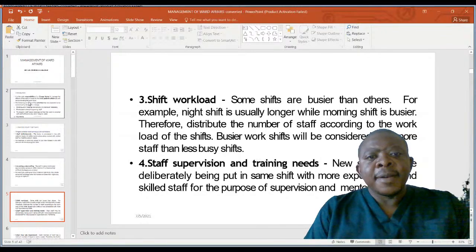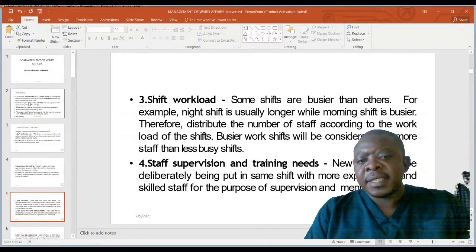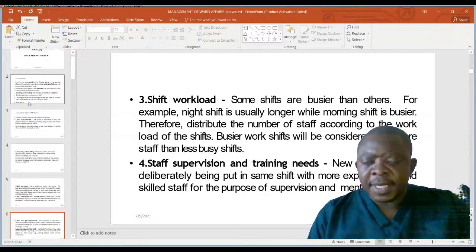Number four factor to consider when coming up with a timetable is staff supervision and training needs. New staff may be deliberately put in the same shift with more experienced and skilled staff for the purpose of supervision and mentoring.